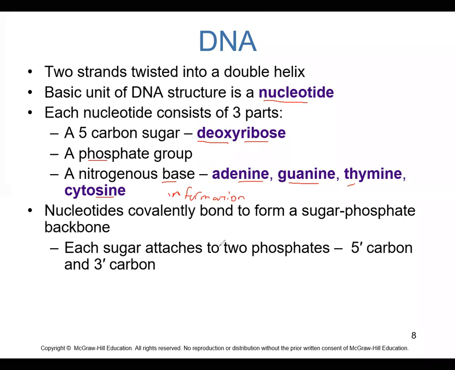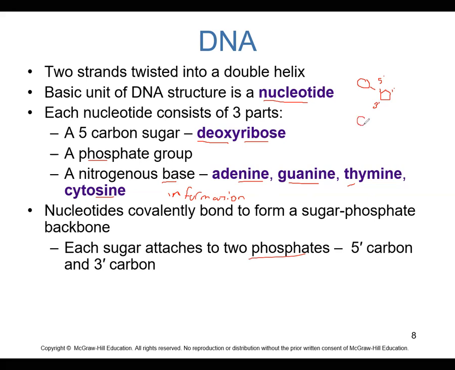And if we were to draw one of these, let's say you would have a phosphate, comes down, you have a 5-carbon sugar, and there's a piece sticking off right here, and that's the 5' end. This right here is the 3'. That's because you number them. This is 1', because that's the 1 carbon, 2 carbon, 3 carbon, 4 carbon, 5 carbon. And they're telling you right down here that phosphates bond to the 5 carbon and the 3 carbon.